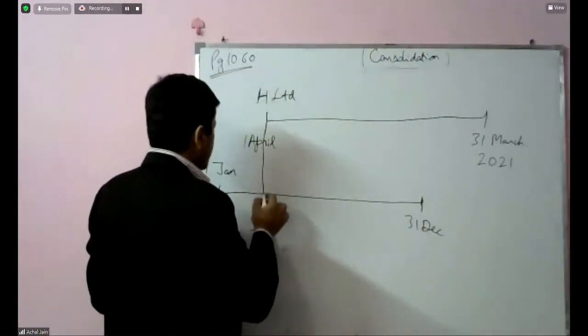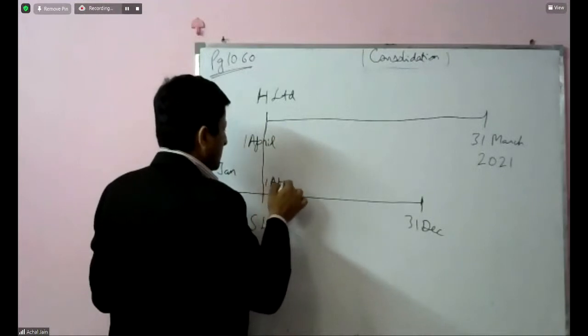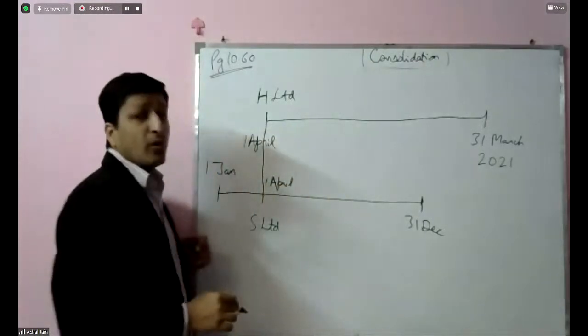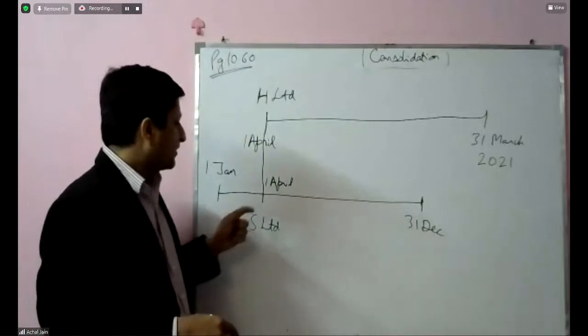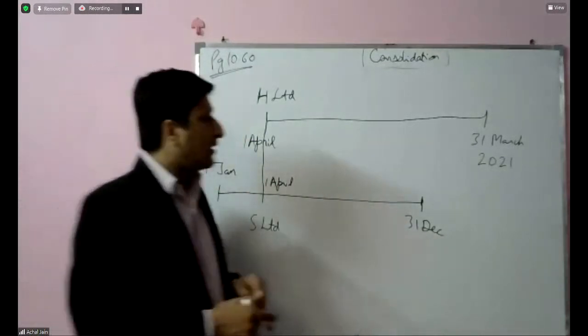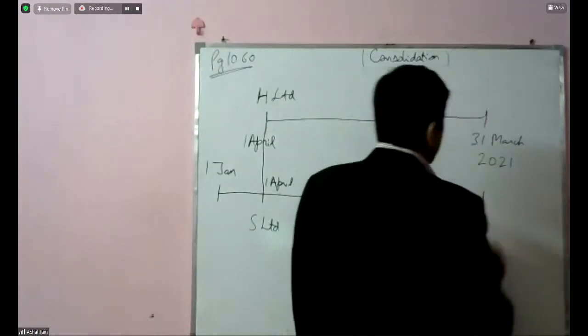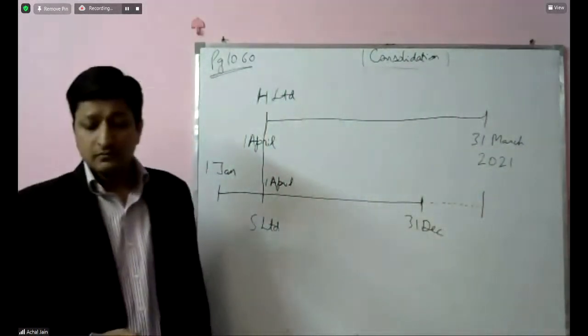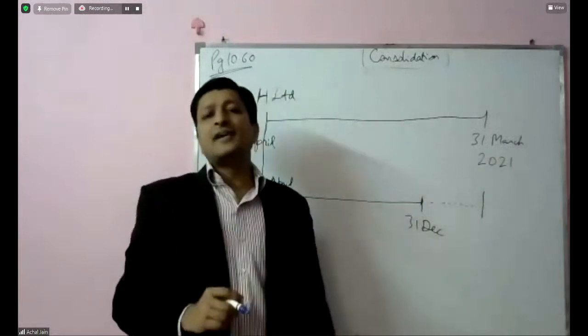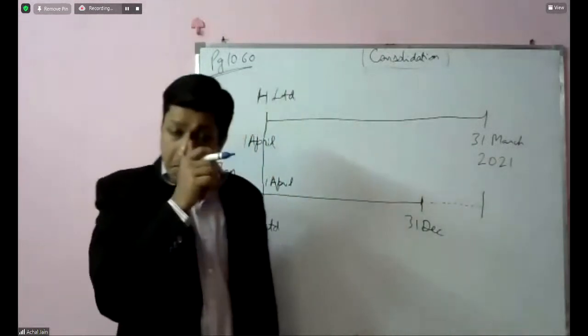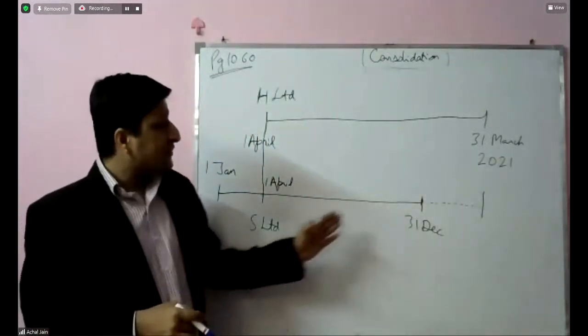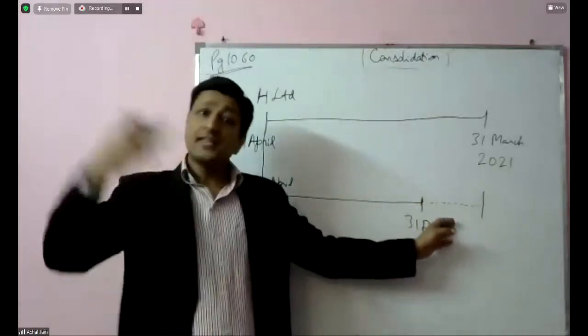So that means subsidiary should also produce the information from 1st of April to 31st of March 2021. But the subsidiary doesn't have that financial statement. Why? Because it will close its financial statements for these 3 months in the next year.